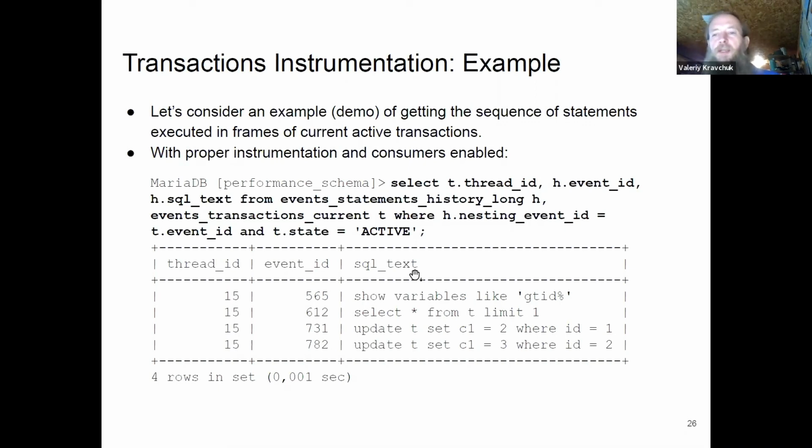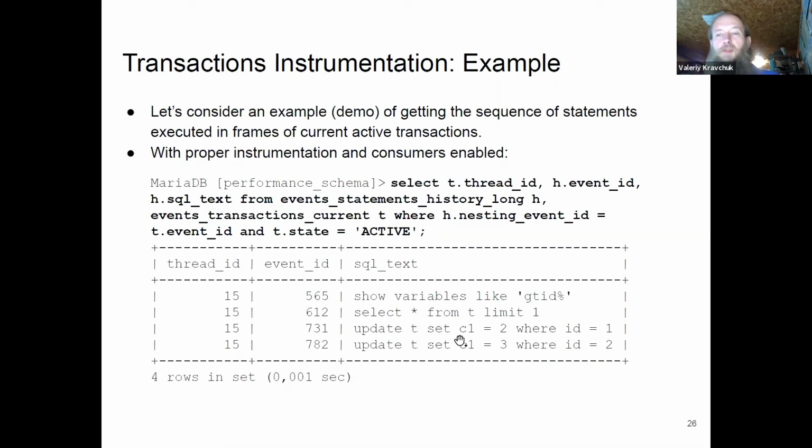You can see statements in active transactions. For this, you just have to join 2 tables. And here I have a history, for example, for my own session, where this actually is coming from SHOW VARIABLES LIKE GTID. It's coming from the system itself for this specific thread. Then I executed select, then I executed a couple of updates.